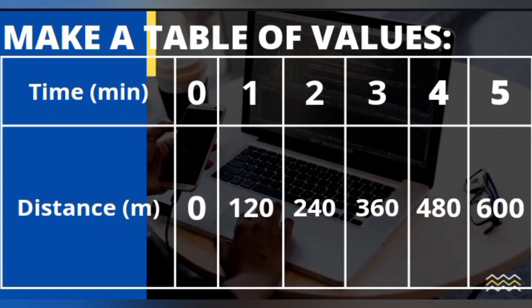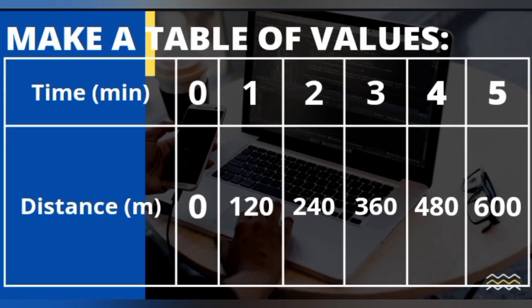Now the next thing will be for us to affix points to look at the positions of each movement. Now come here, look at the table of values again. You will see that from the table of values, 0 minutes corresponds to 0 meters of distance. 1 minute corresponds to 120 meters. 2 minutes corresponds to 240 meters, and so on.